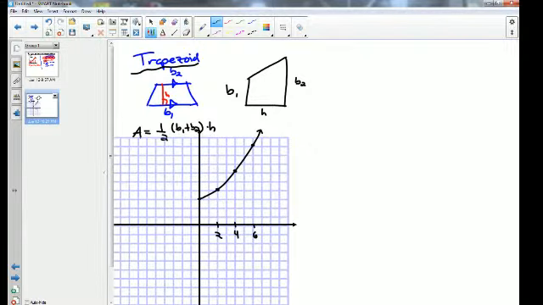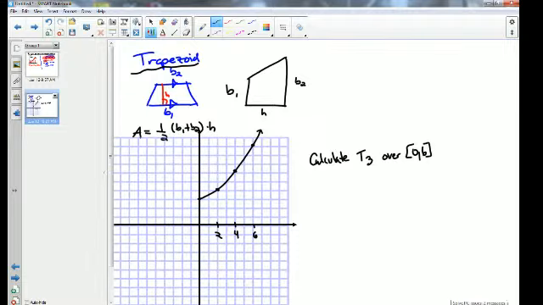Okay, so this is just a function I made up. It doesn't have any algebraic expression. I'm sure you could put one to it, but we're not going to worry about that. The trapezoidal sum. Does R mean rhombus?